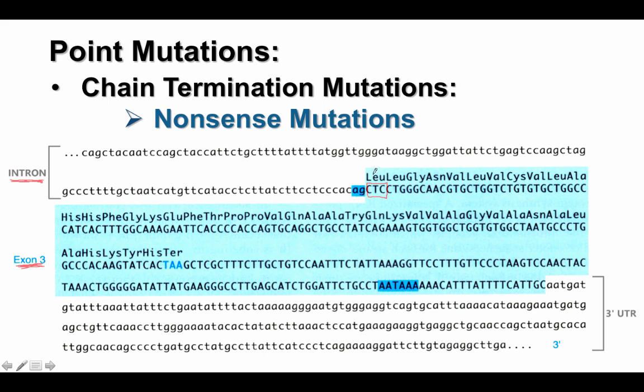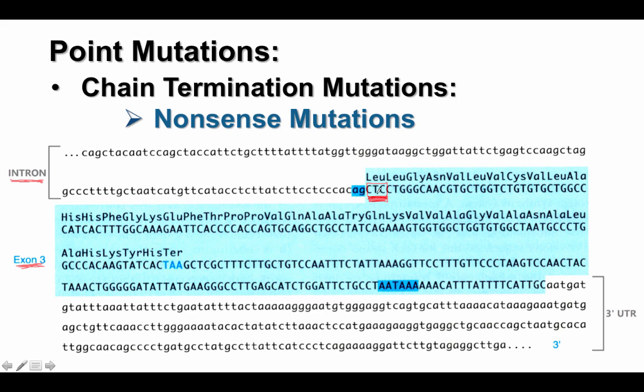All right, and you can see that the amino acids that correspond with what will become a codon in the messenger RNA transcript are highlighted above these triplets of nucleotides.